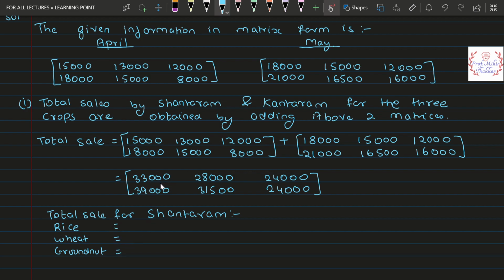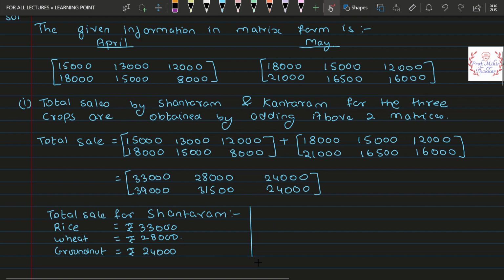The first value is for rice, so it is equal to rupees 33,000. The second value is for wheat, so I get rupees 28,000, and the third value is for groundnut, so that is rupees 24,000.